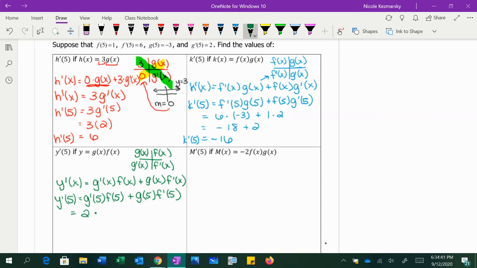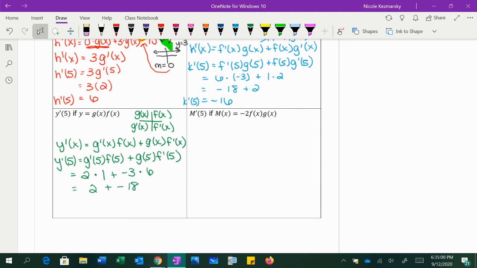F of 5 is 1. To that, we're going to add g of 5, which is negative 3, times f prime of 5, which is 6. So we have 2 plus negative 18, which is exactly the same as what we had before, which means that y prime of 5 is negative 16.